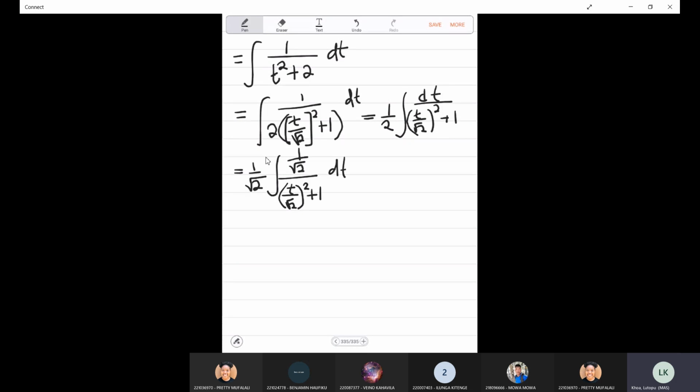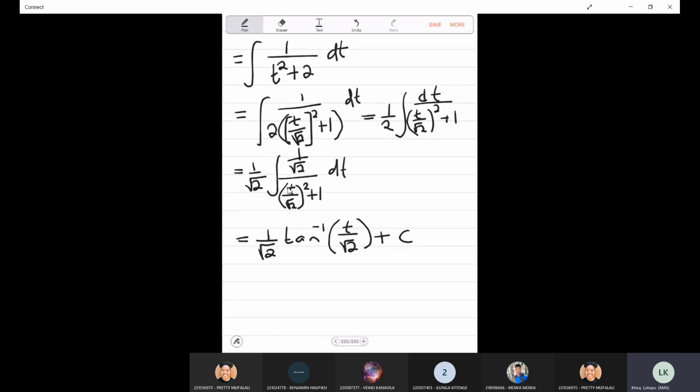Then make sure that when you multiply these two numbers here, you end up with a half. Okay, so now this is perfectly in the form to say it's tan inverse of something. So this is just 1 over the square root of 2, and then tan inverse of what we have inside our brackets here, which is t over the square root of 2, and then you add your constant of integration.